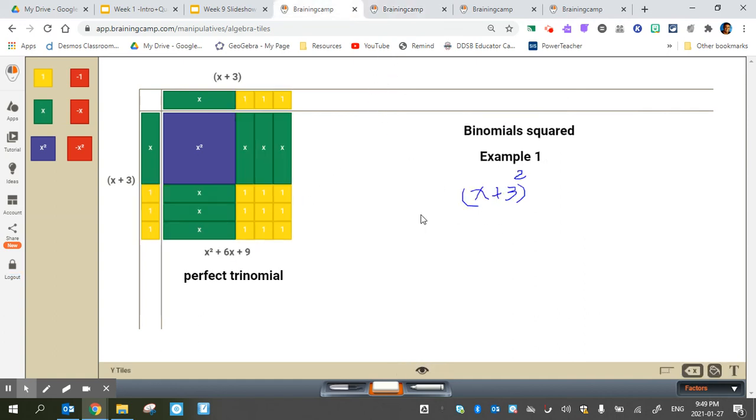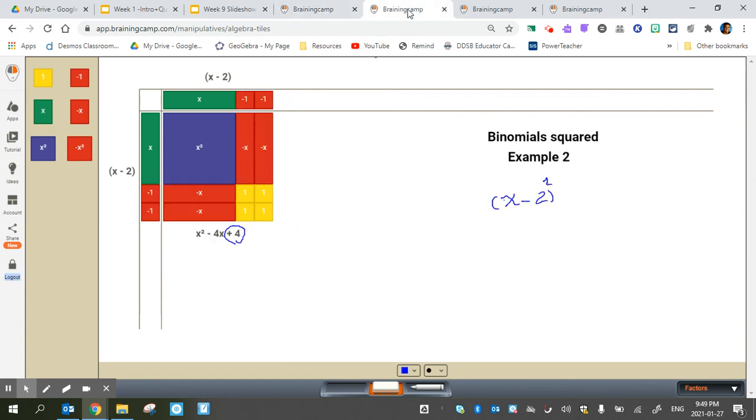And here is also positive because a positive multiplied by a positive gives us a positive. So the third term, when we have a binomial squared, will always be positive, no matter if we have a positive here or if we have a negative here. Because when we multiply a number by itself, no matter what sign it has, the outcome is positive.